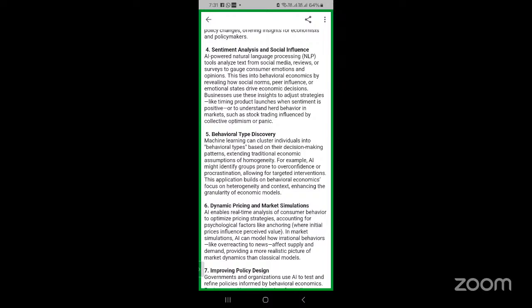For the same, AI applies machine learning for clustering. So through cluster analysis, AI can classify the consumer based on their decision-making patterns.